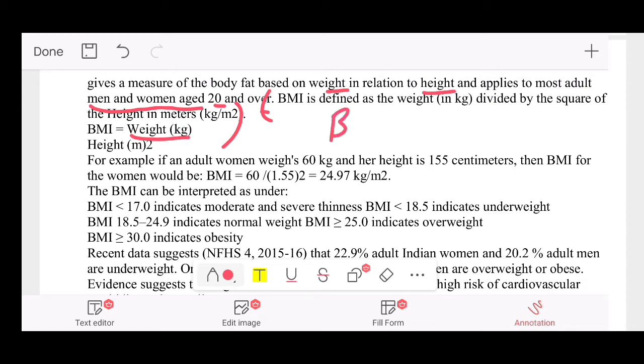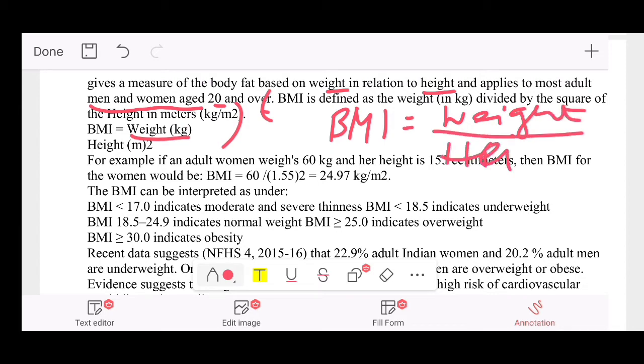So we can write BMI equal to weight divided by height in meter square.